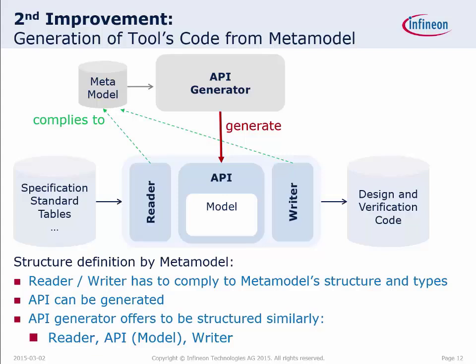It reads the XML data into the API, and out of this description we also generate a writer, which is able to use the data of the model and generate an XML file again. So just draw your picture, your meta model, your diagram, press a button, and you get most of the parts of the framework generated.